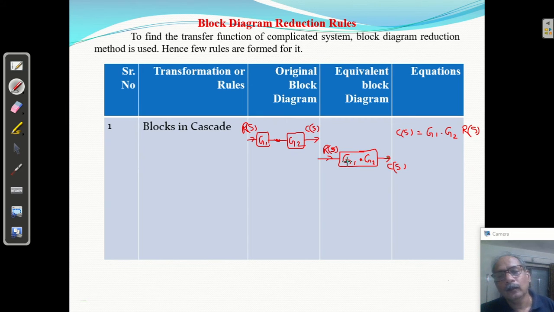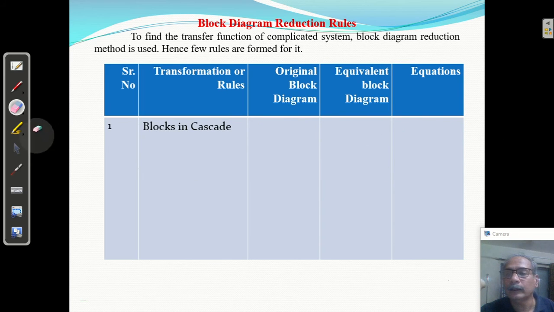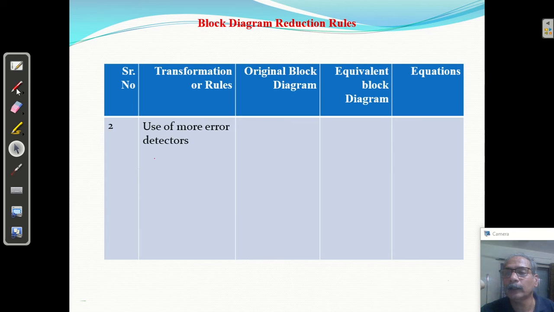The second rule I am going to discuss is the use of more error detectors. Suppose we have two error detectors.